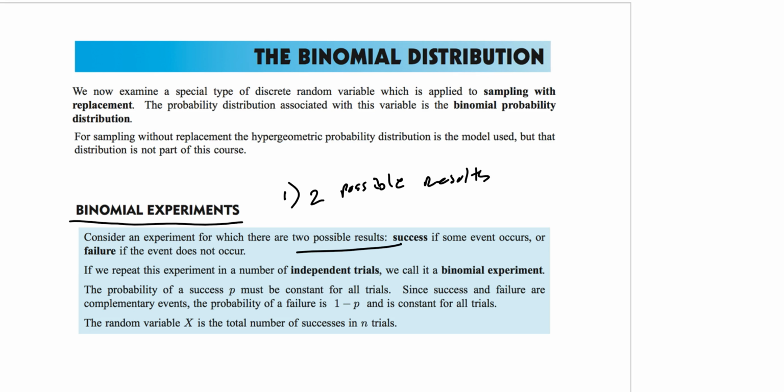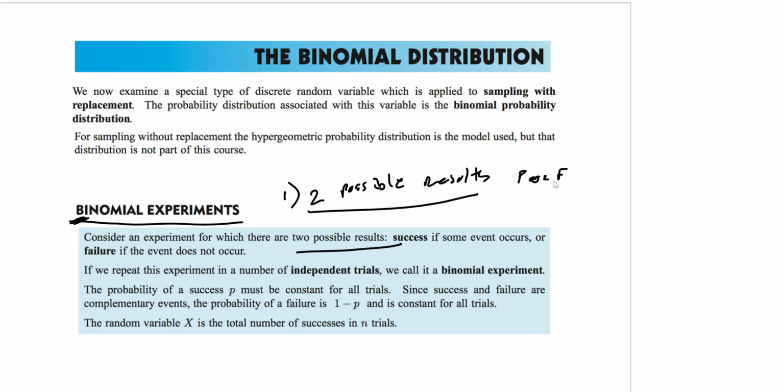It's all two results: you get a red marble, or you don't. That's the key with binomial. Bi means two, so it has to have two possible results: pass or fail, win or lose.